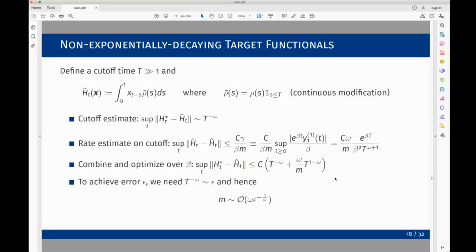Then to work out the second order term, we can immediately derive that our m should be on the order, as I claimed previously, of omega times epsilon to the exponential order. So this is what I mean by the curse of memory. Once we have long-memory functionals, we would need an exponentially large hidden state to approximate the original functional accurately.